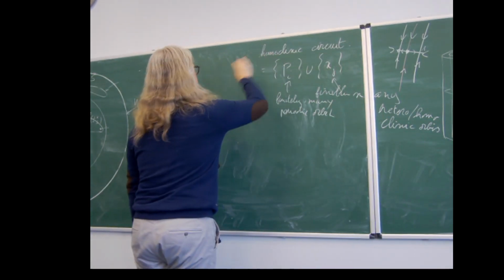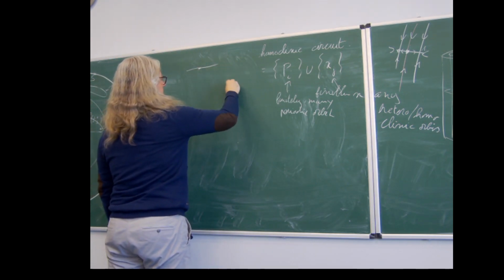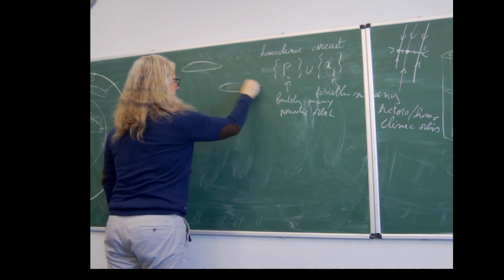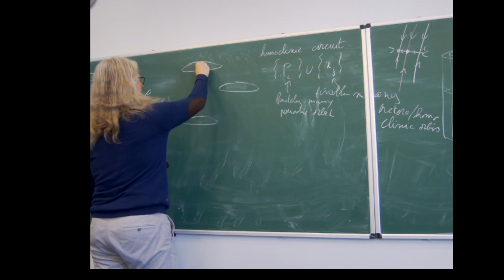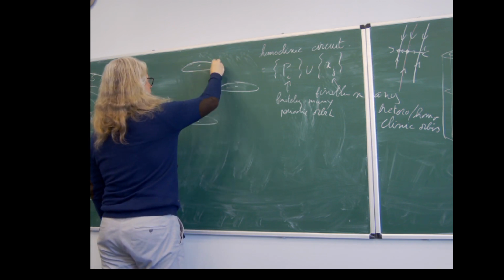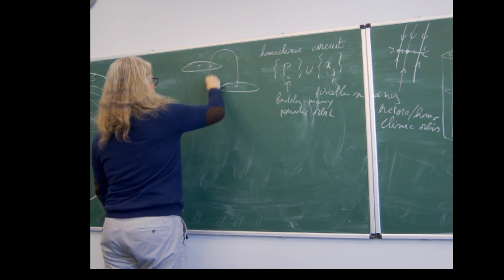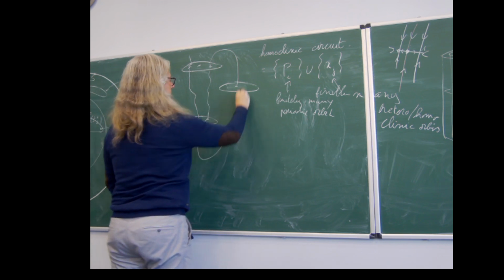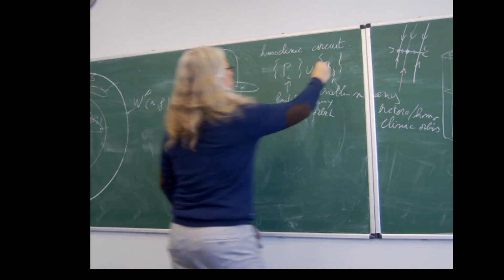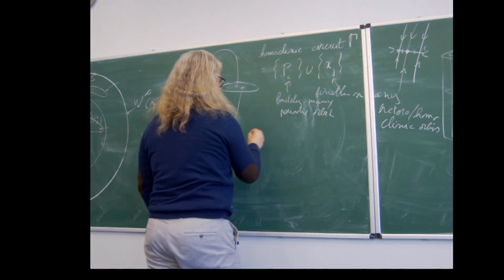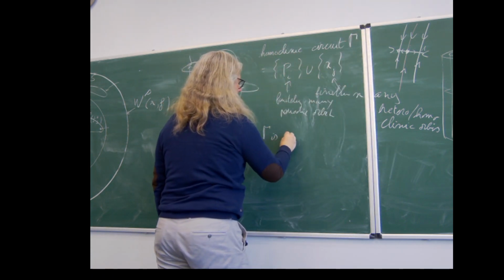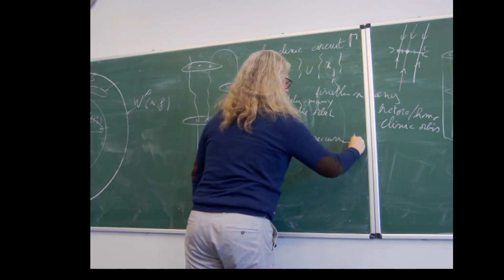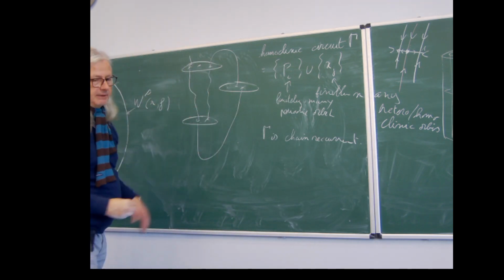So this circuit is: you take some points. Indeed, in my picture it is like that. You have your periodic points, and you take some intersections, like that. Let's call that gamma. And the condition that I want is that gamma is chain recurrent, meaning that everybody is connected with everybody.